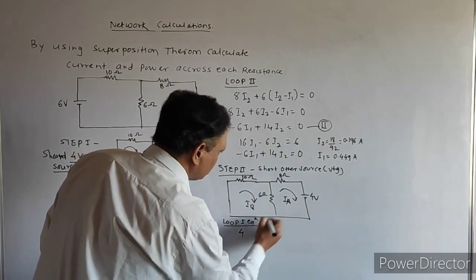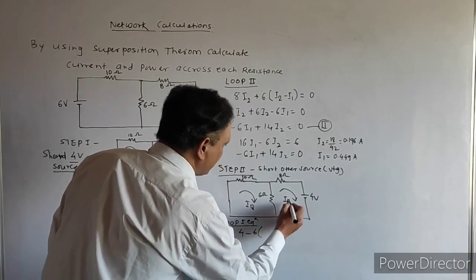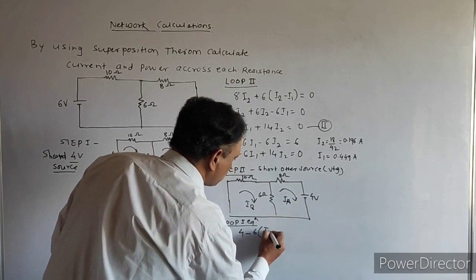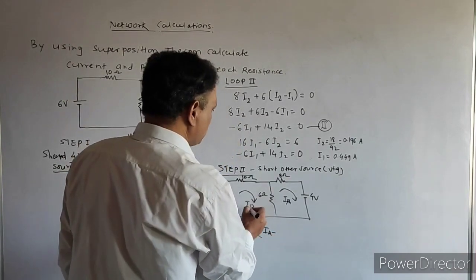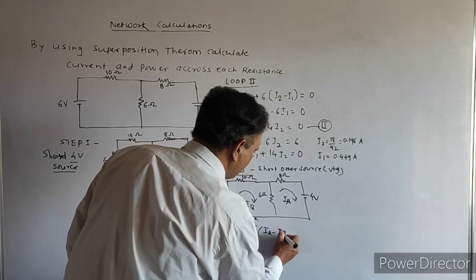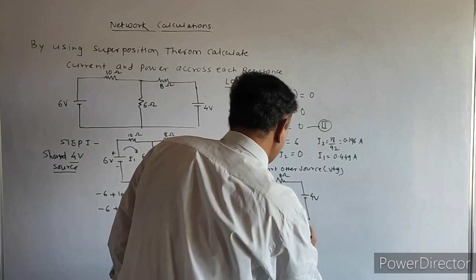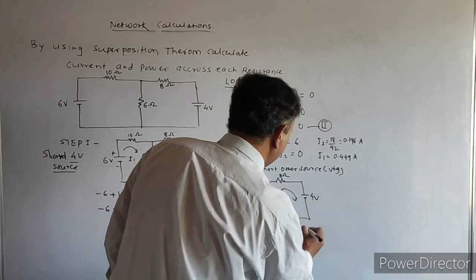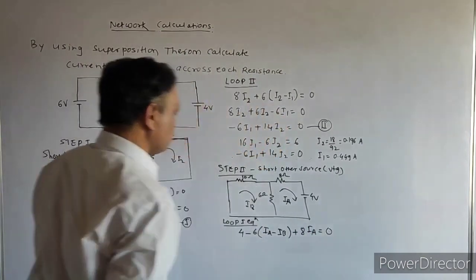Now this will be 6 into IA, which has to be treated as bigger, so IA minus IB, since IB is also flowing in the opposite direction, plus 8 into IA. This is equal to 0.